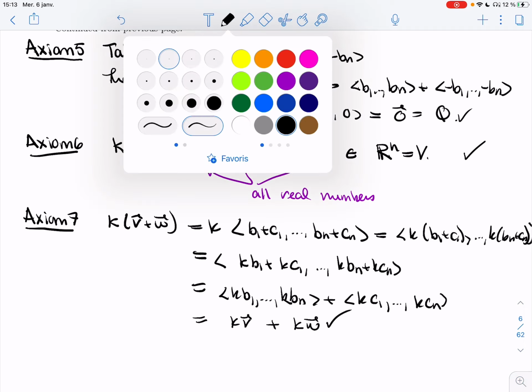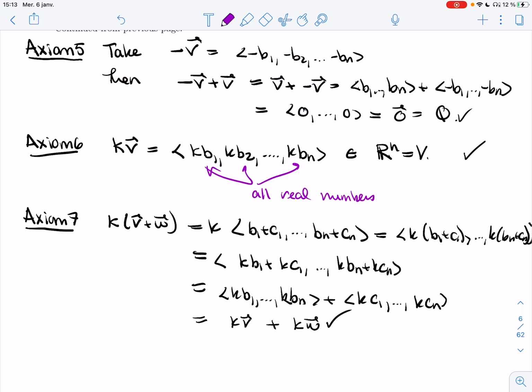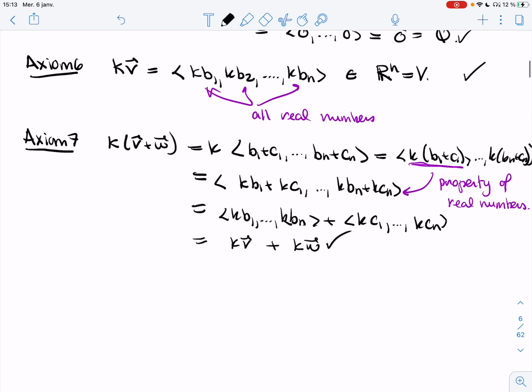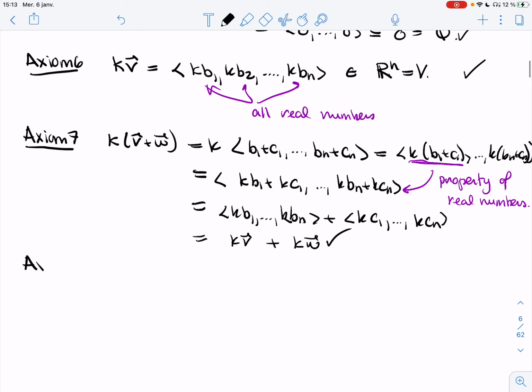And again, the main step here is when I distribute the K on this, but this is again on real numbers. So it's not about vectors anymore, it's just about real numbers, and that's something we've proven in high school, and so we already know it. All right, axiom 8 and 9, you'll do on the worksheet.